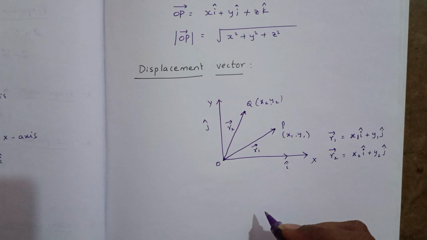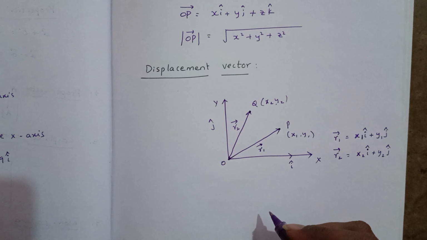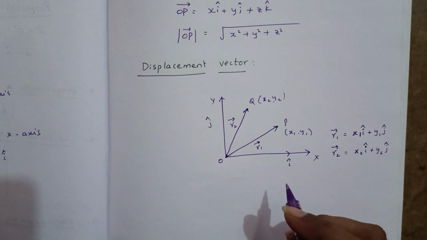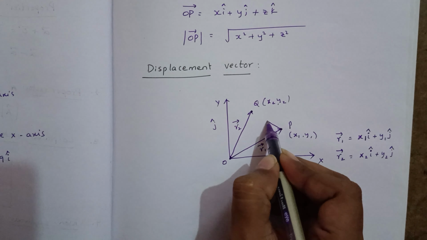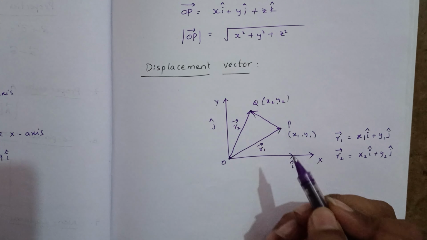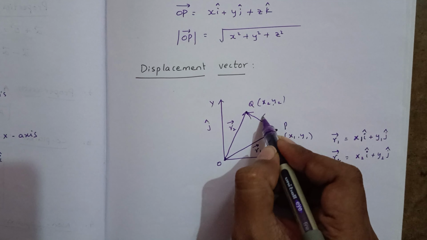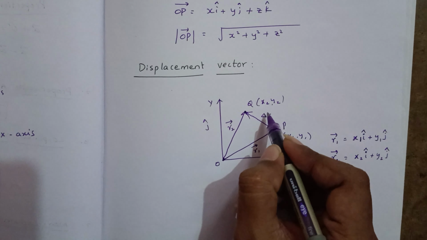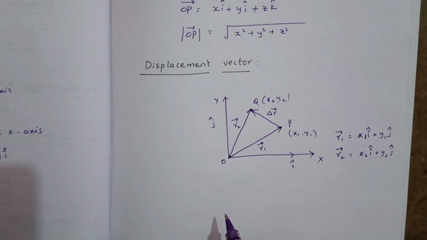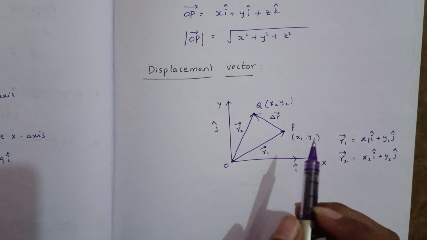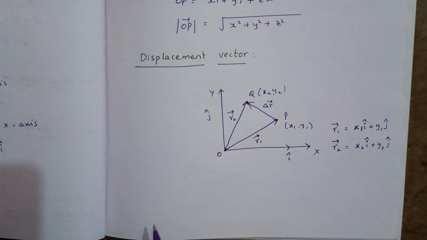Now the displacement vector is the difference between two points. This is the displacement vector, delta r bar. This displacement vector is the difference between two points.